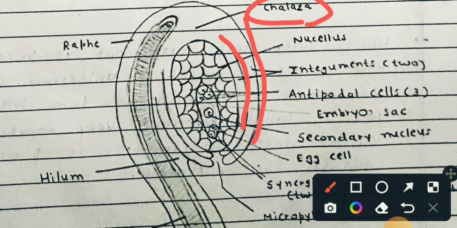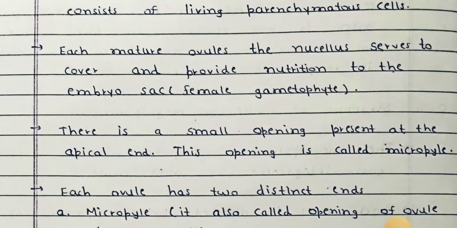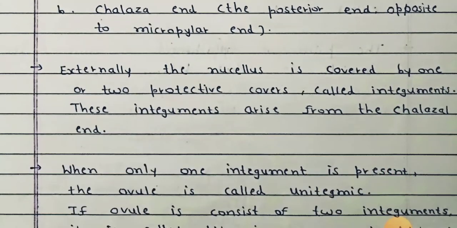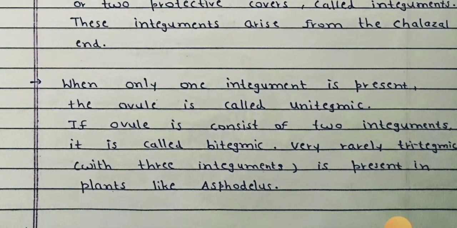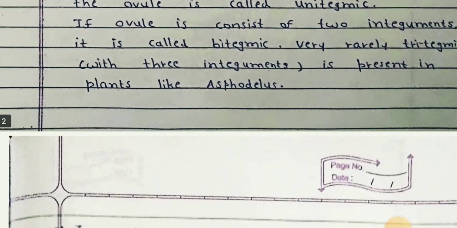If one integument is present, the ovule is known as unitegmic ovule. If two integuments are present, it is known as bitegmic ovule. And if more than two, like three integuments, are present, it is called as tritegmic ovule, and it is present in plants like asphodelus.